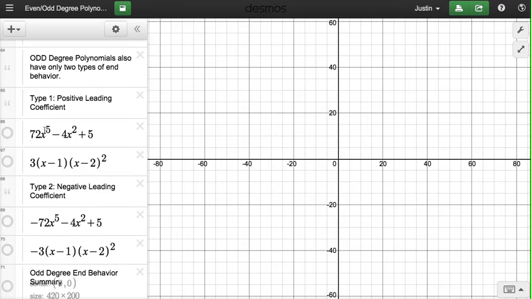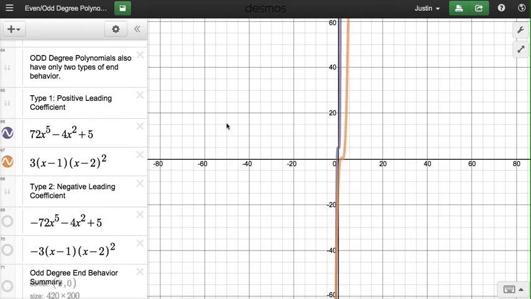And this number, the 72, that's positive, right? So it's a positive odd degree polynomial. And then I look over here at this next one, that's an x squared. Remember, this is x squared times x, that's x cubed. That's odd also. And this 3 is positive. So let's click plot and see what they look like.